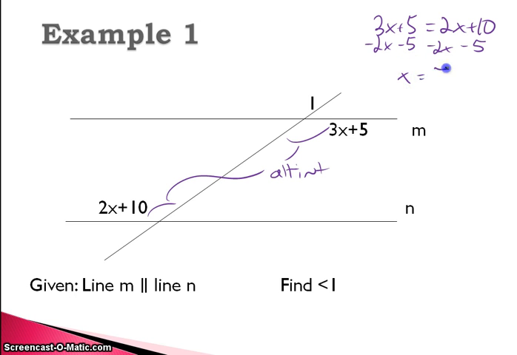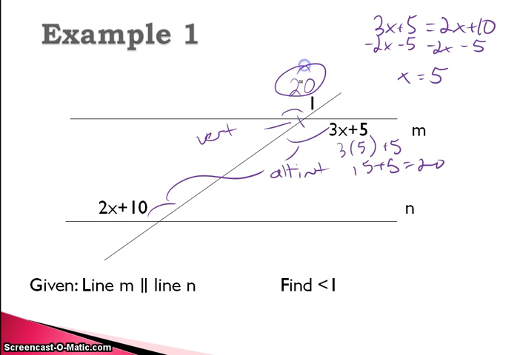So I have x equals 5. If I want to find angle 1, I see angle 1 is vertical with that 3x plus 5, so I'll plug in 5. I have 3 times 5 plus 5, 15 plus 5 is 20. Though it doesn't look like it, remember we cannot assume relative measure, our angle 1 is 20 degrees.